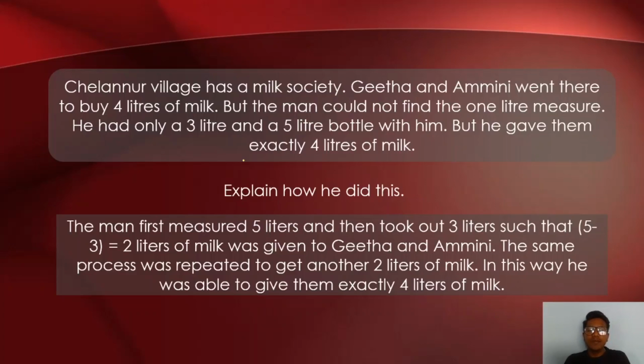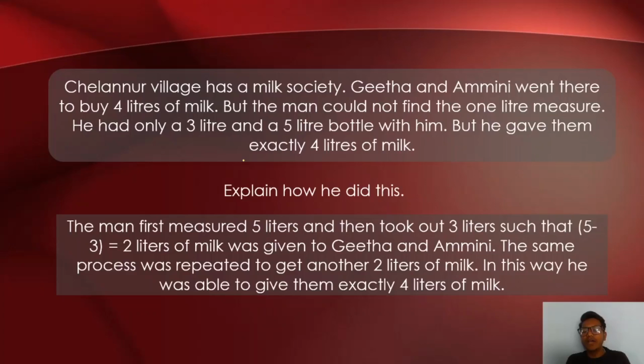This type of question has many types of answers. You can give your own answer also, but here I am giving one type of answer. The man first measured 5 liters and then took out 3 liters. So first he measured 5 liters of milk.